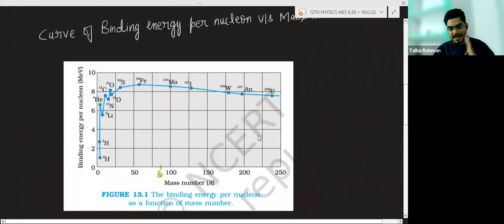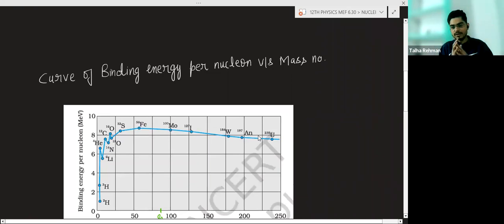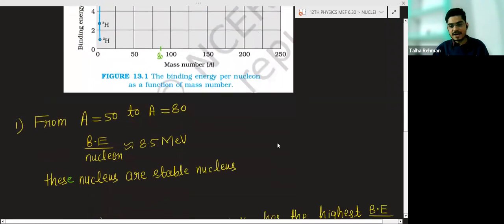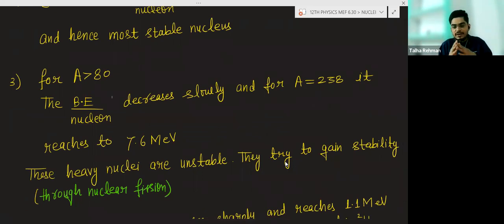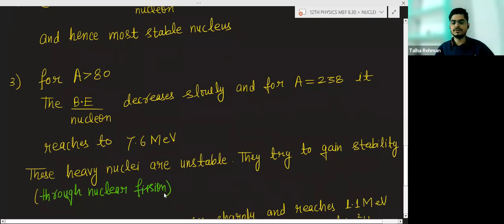These are heavy nuclei, more mass number, more volume. These heavy nuclei have less binding energy and are unstable. So these nuclei will try to split and gain stability, and they gain stability through nuclear fission. We will study nuclear fission.